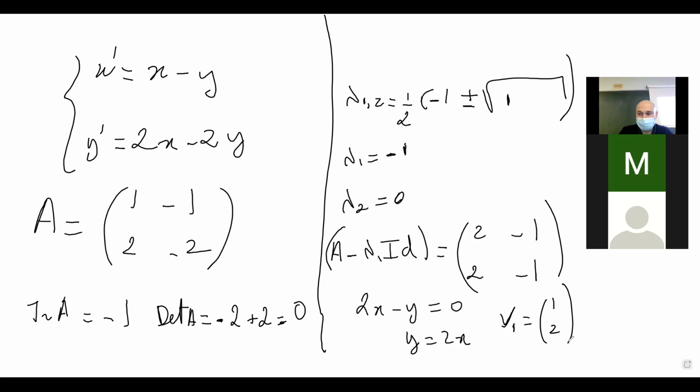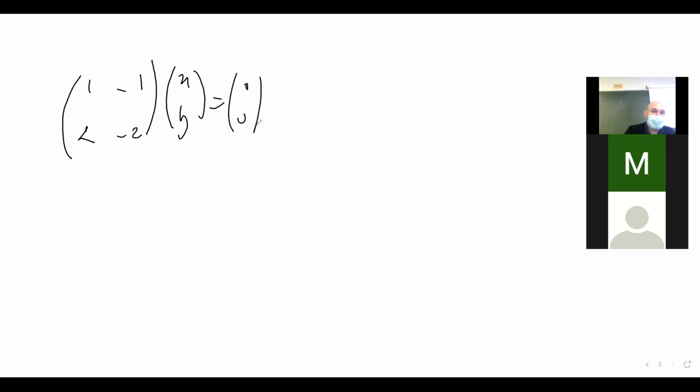Next, v2. So 1, minus 1, 2, minus 2, times x, y equals 0. This gives x minus y equals 0, so y equals x. So I can choose v2 to be 1, 1.